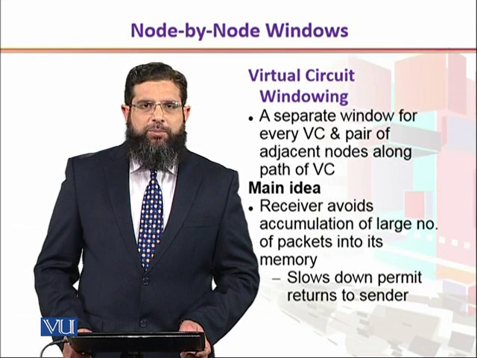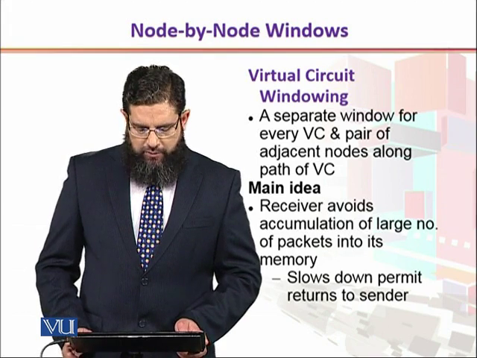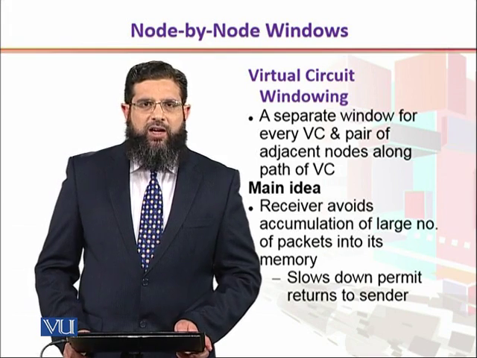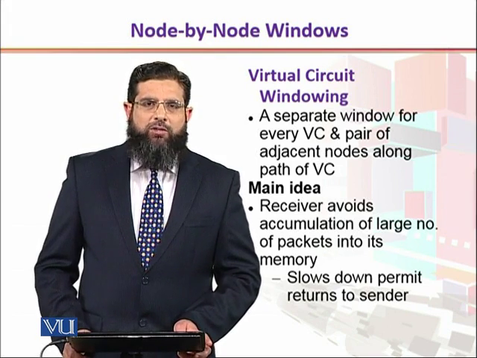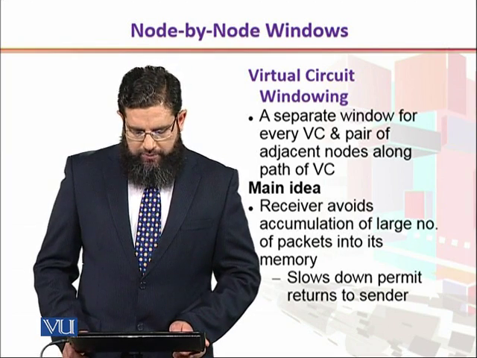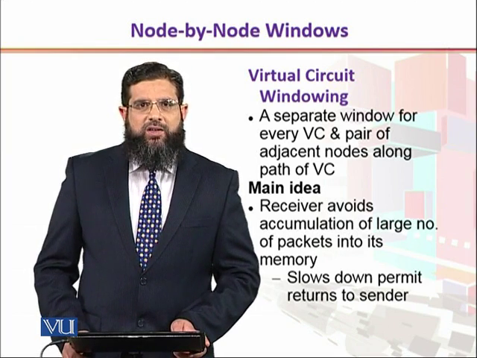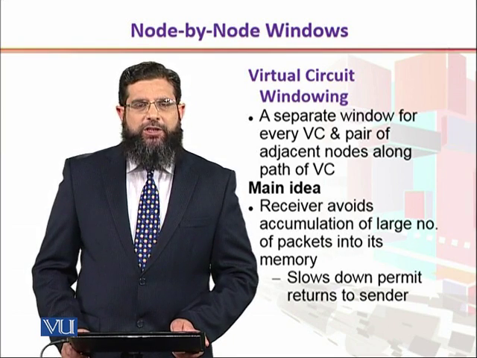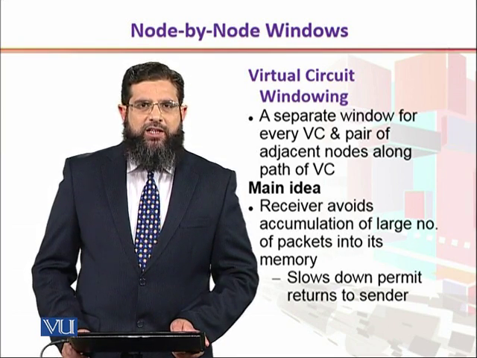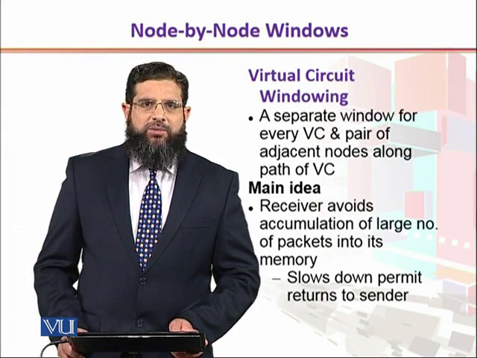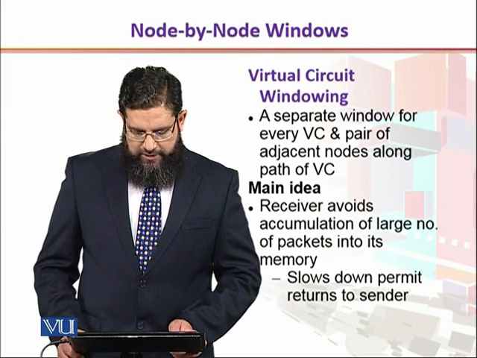The solution that is proposed is virtual circuit windowing. Virtual circuit windowing attempts to solve the problems faced by end-to-end flow control. Here, the design is such that a separate window is established for every virtual circuit, for every intermediate pair of devices along the virtual circuit.